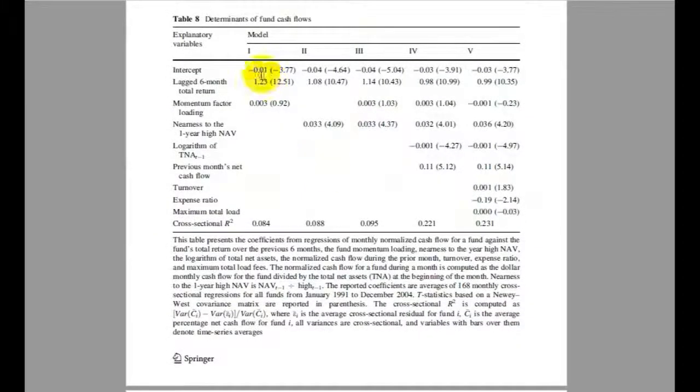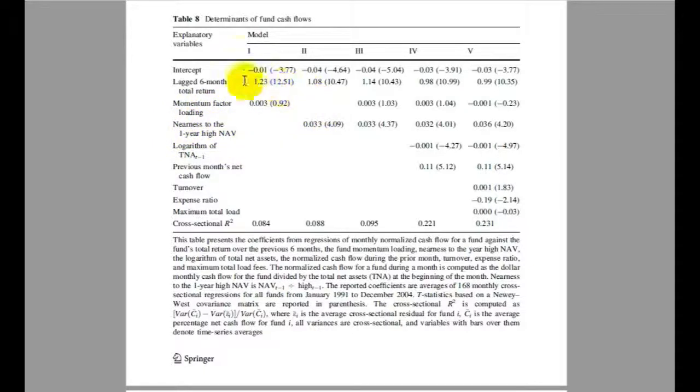So next, here in Table 8, the authors decided to explore the reasons for cash flows into and out of these mutual funds. And to do so, they regressed the cash flow on those three strategies: the lagged 6-month return, the momentum factor loading, and the nearness to the 52-week high.